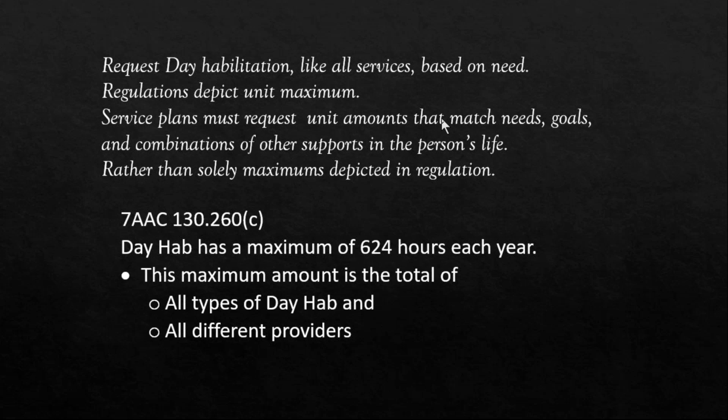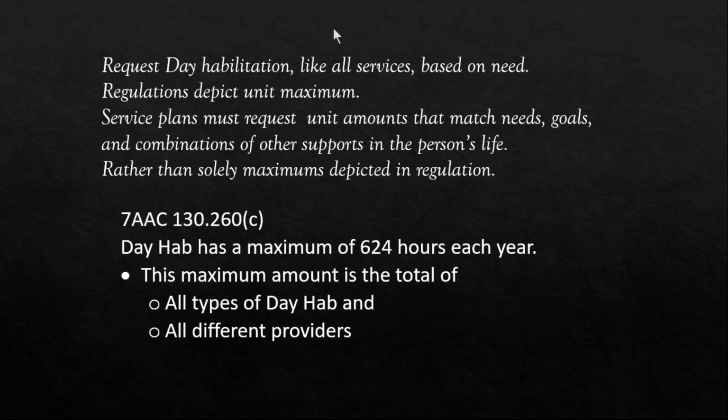So it's probably best to think about it in terms of a fee for service and to focus on the quality of the service and to make sure that the quantity matches. So what it says here is 7 AAC 130.260(c), the maximum of 624 hours each year. The amount is the total of all types of day habilitation, meaning group or individual, between and amongst providers.